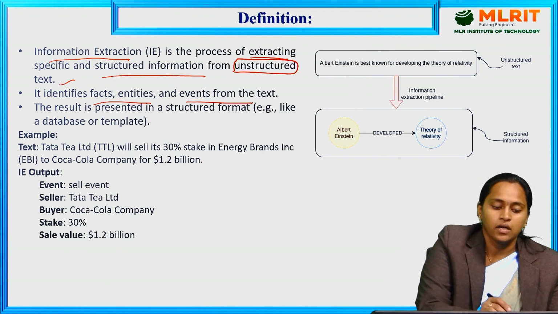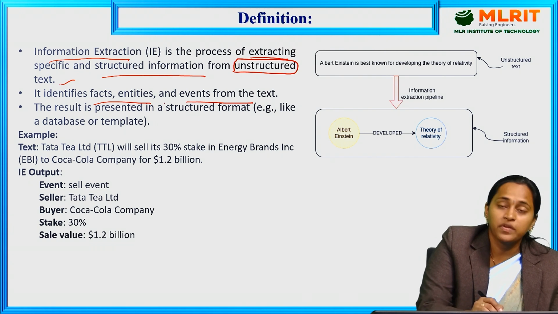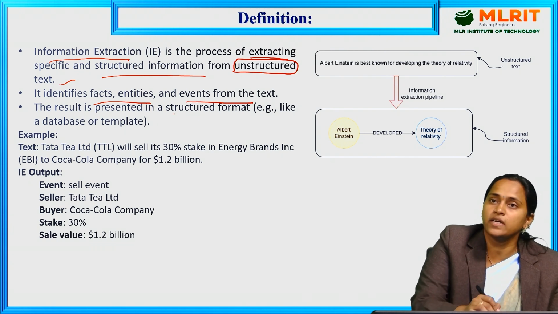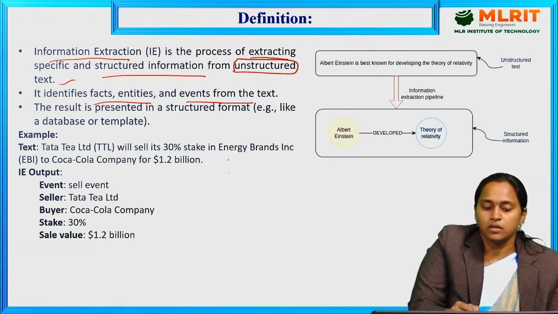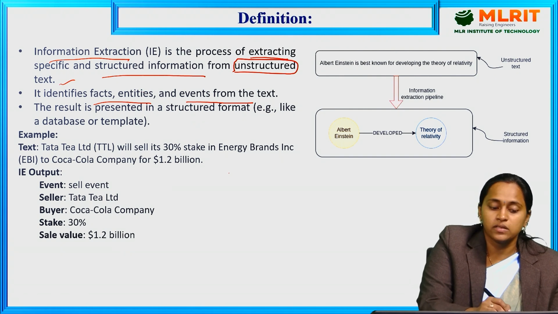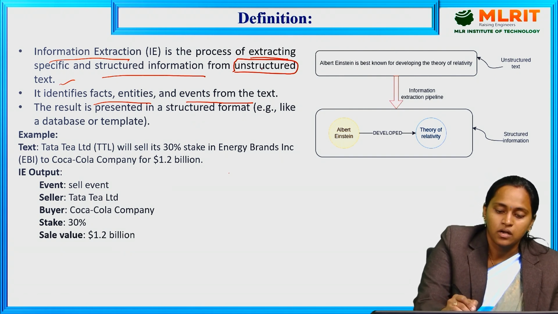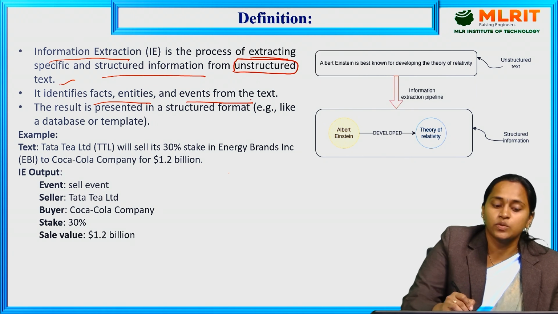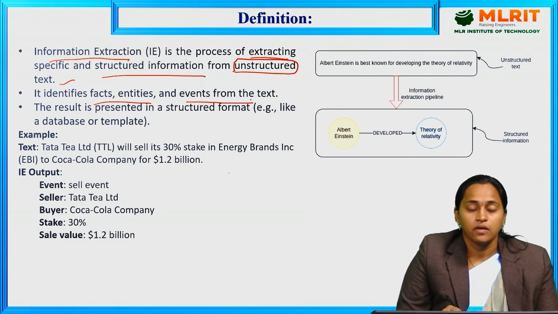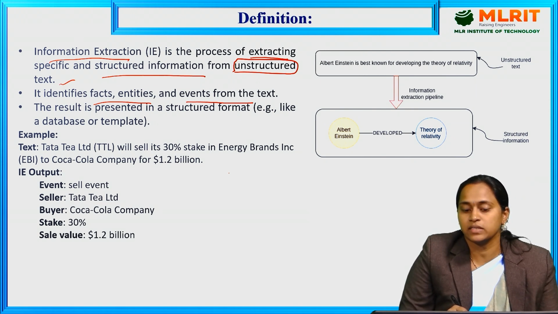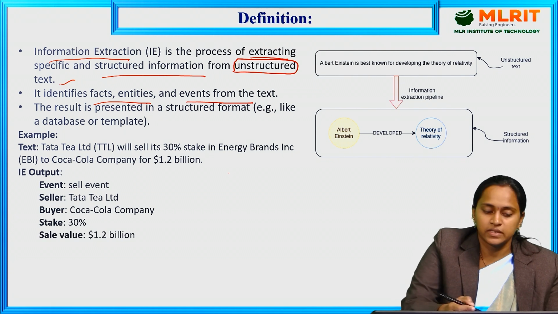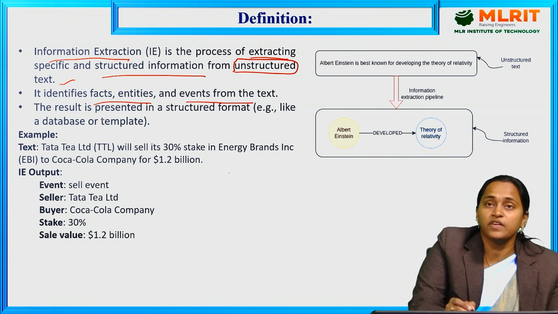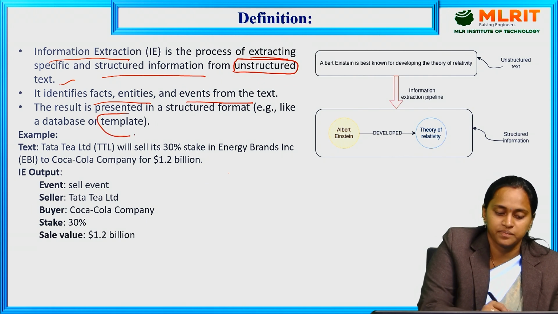By using IE, we can find the entities, like places and names. Next, we can find the facts, that means the truth of the sentences. The result will be in a structured format like a database, templates, or some document.